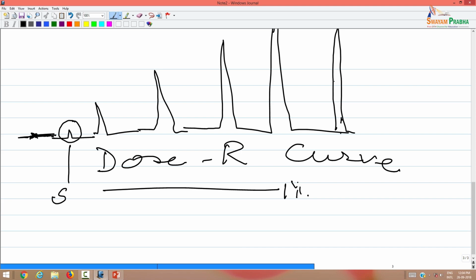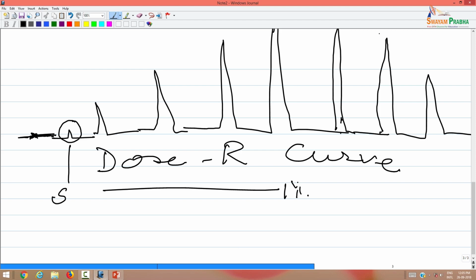Therefore, the drug will not produce a further increase in the response. If you increase the drug further, you may find that the concentration has increased, but the response has reduced. If you increase further, the response is reduced, and this is surprising.